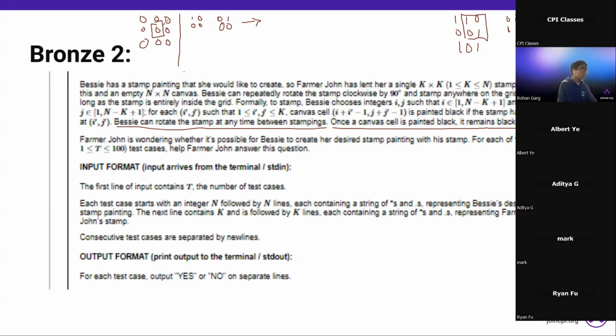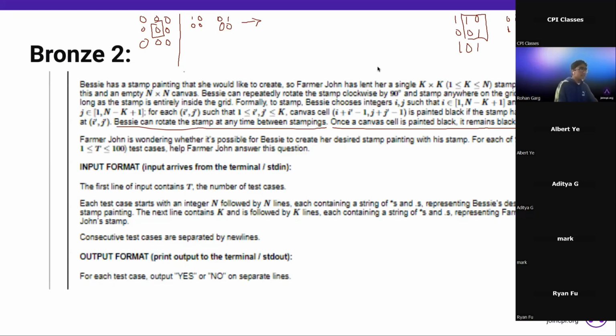So this is suboptimal, and this leads us to the finding that if we're going to stamp a subgrid of size k times k, then we only do it if all the black cells that we're stamping are actually black cells on the final grid. Because if they weren't black cells on the final grid, then that would be bad.